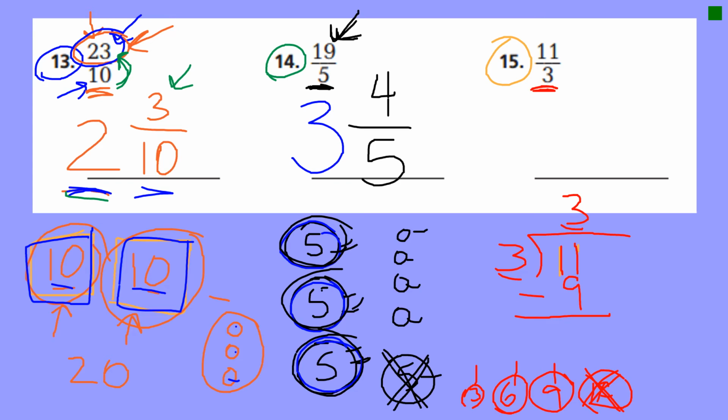Subtract 9, 10, 11, 2. So how many whole times can 3 go into 11? 3 whole times. With how many pieces left over? 2 pieces left over.